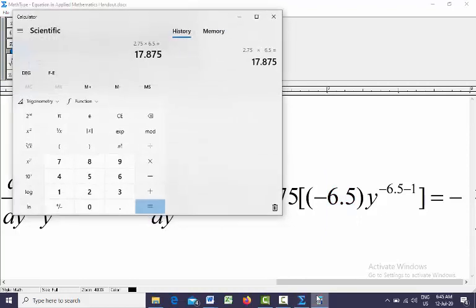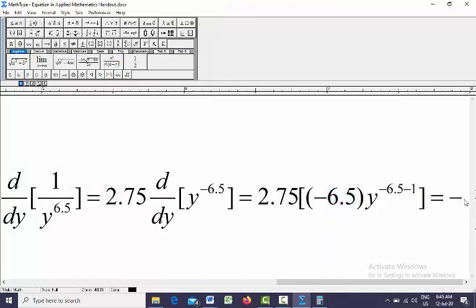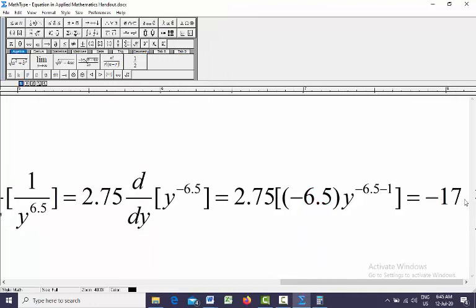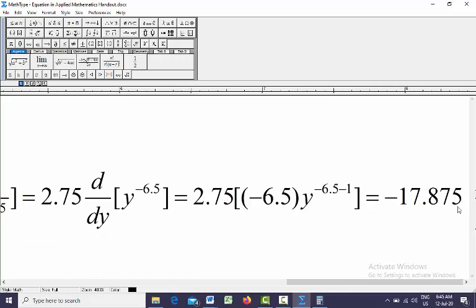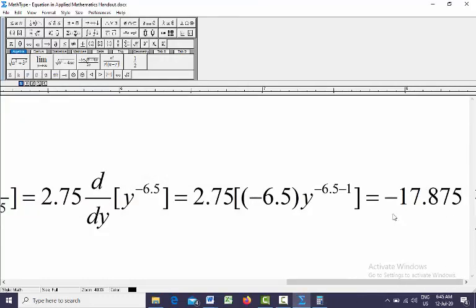See, we have done the multiplication before. 2.75 multiplied by 6.5 is equal to 17.875. So we have 17.875.